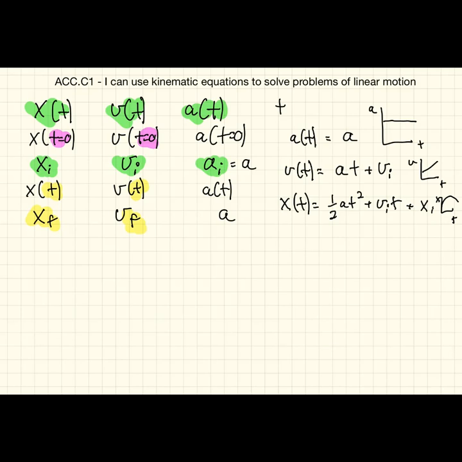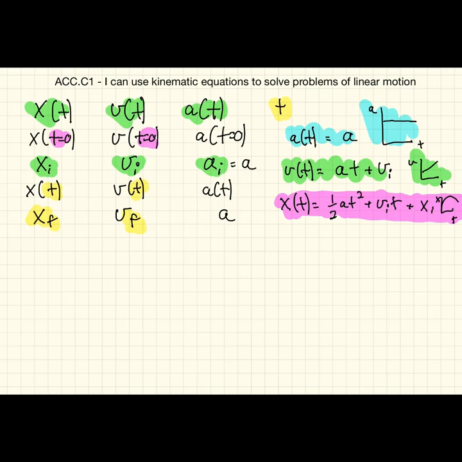So again, we've got the acceleration as a function of time, the velocity as a function of time, and the position as a function of time. And depending on whether any of these three starting numbers are positive, negative, or 0, we get a different shape of the graph.